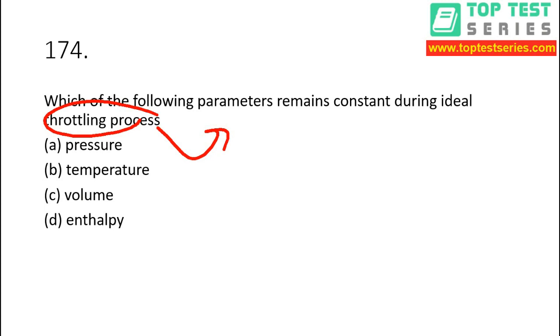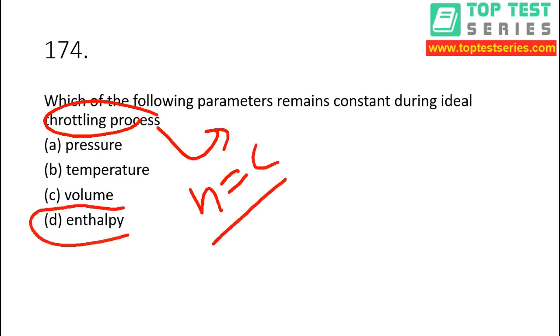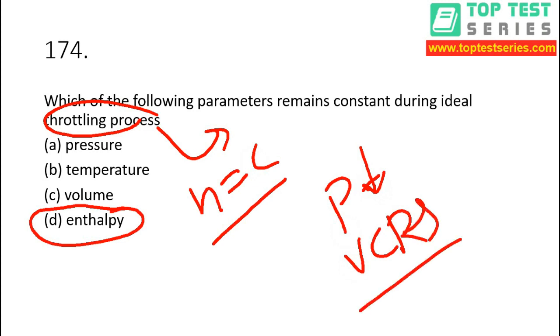What is the meaning of isenthalpic process? That enthalpy is equal to constant. That means option D is the correct answer. Even in case of throttling process, my dear, pressure decreases. From where we got this concept? Whenever we study about VCRS, vapor compression refrigeration system, or VCRC, both are same, vapor compression refrigeration cycle, right?